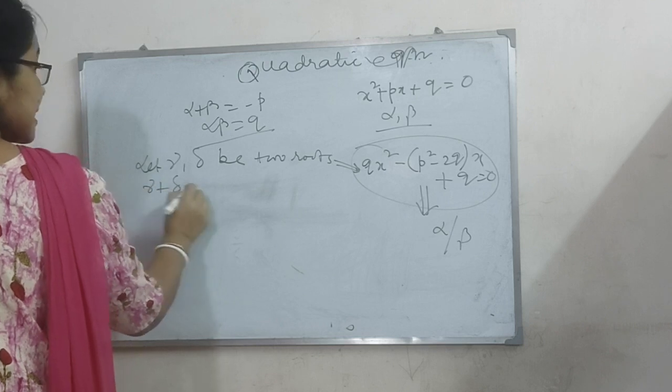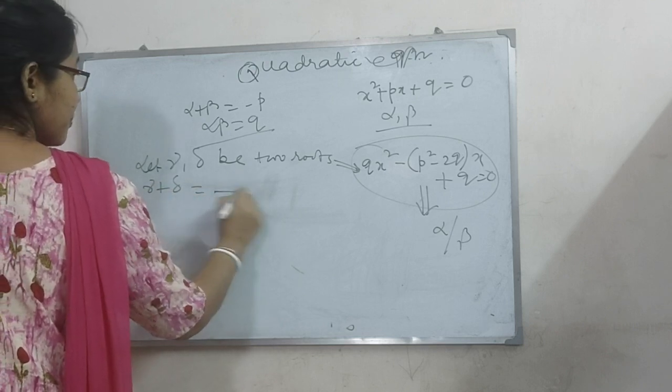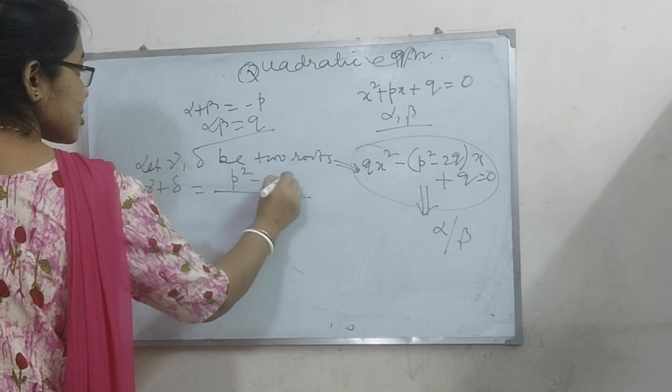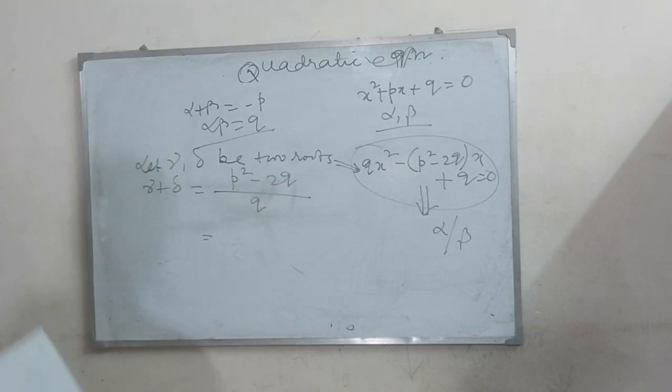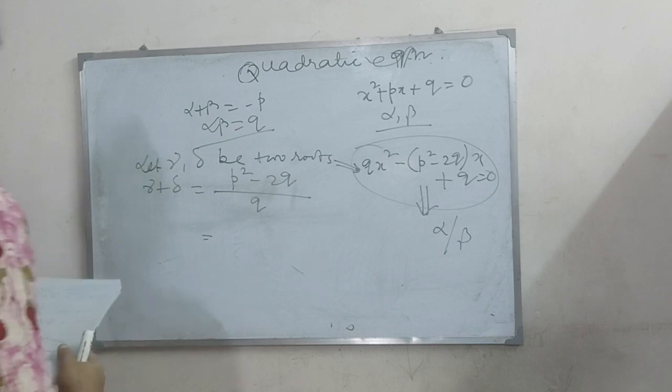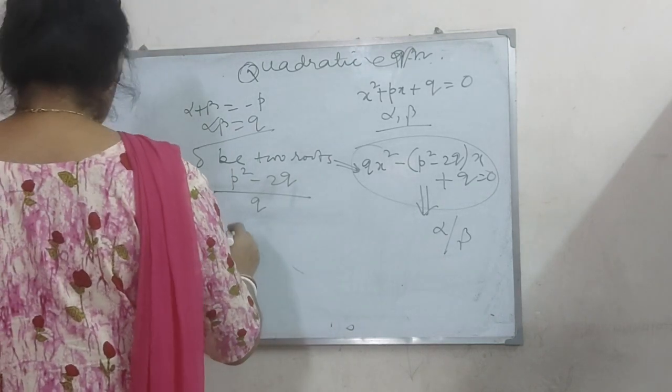So gamma plus delta equal to (p square minus 2q) by q.